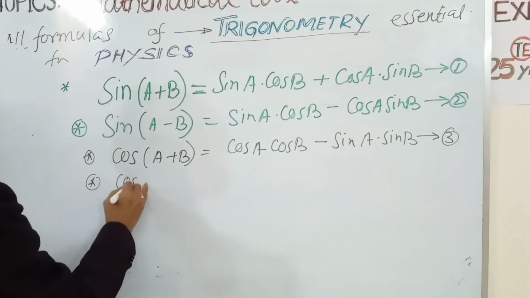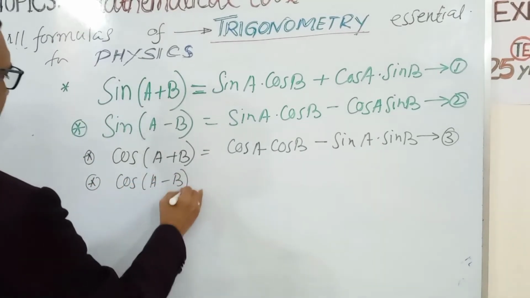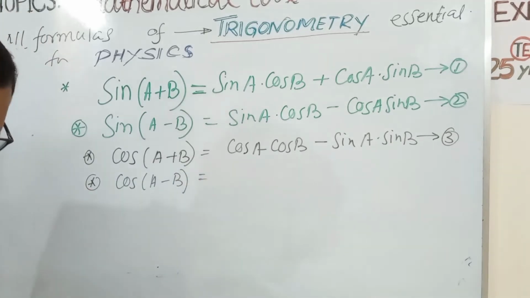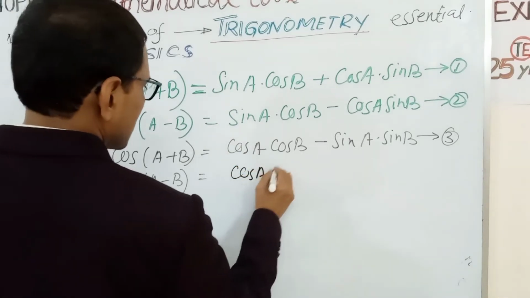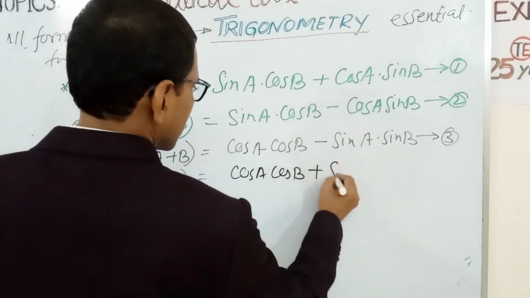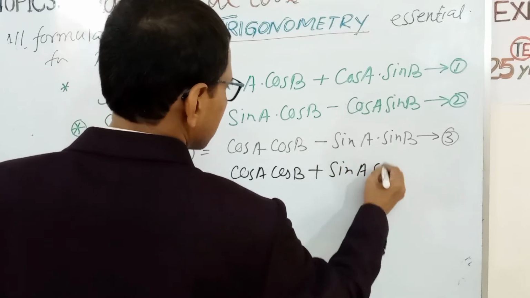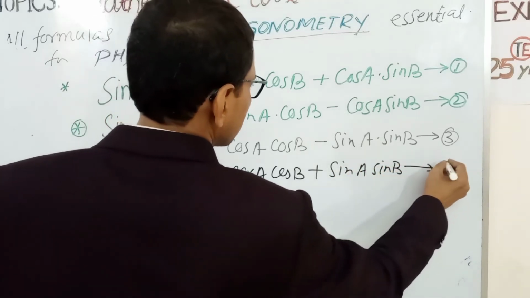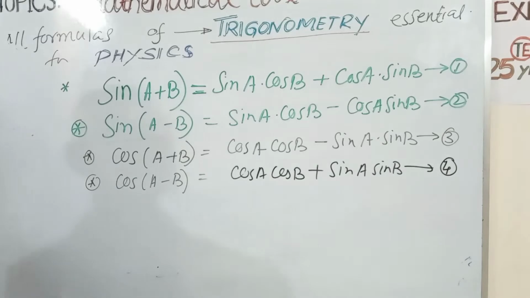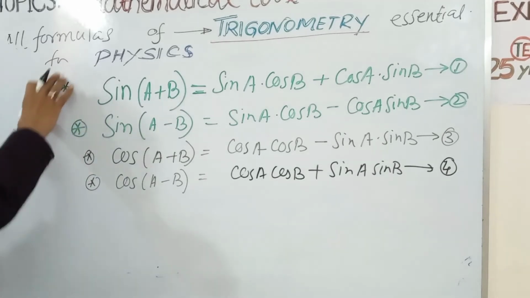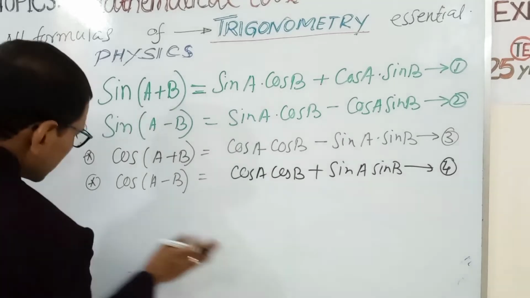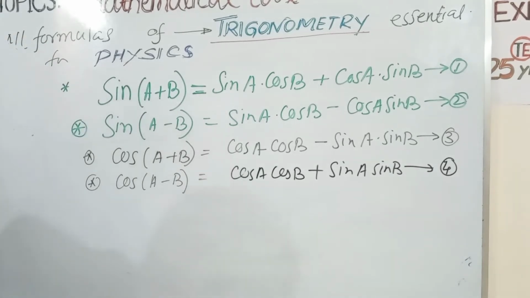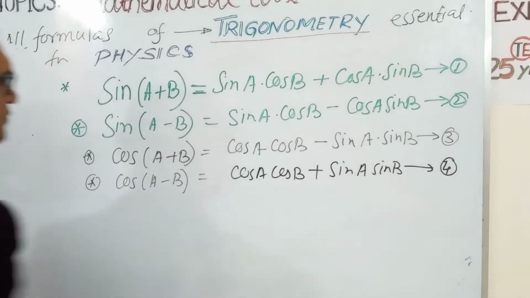Cos of a minus b equals cos a cos b plus sin a sin b. These are the basic 4 formulas. So from these 4 formulas we have to derive other trigonometry formulas.